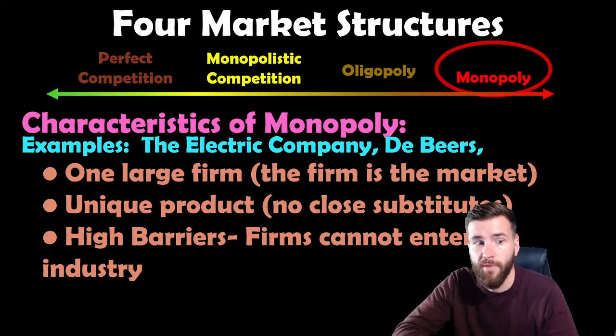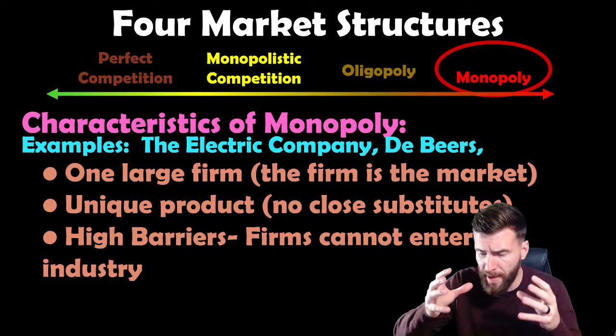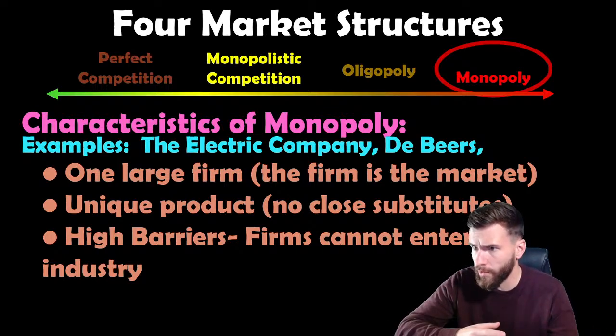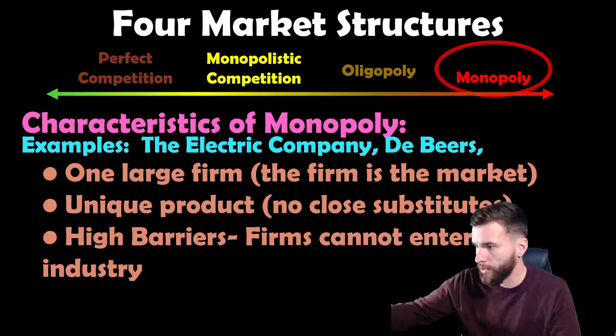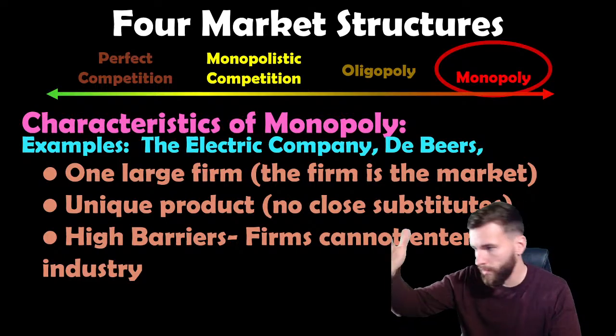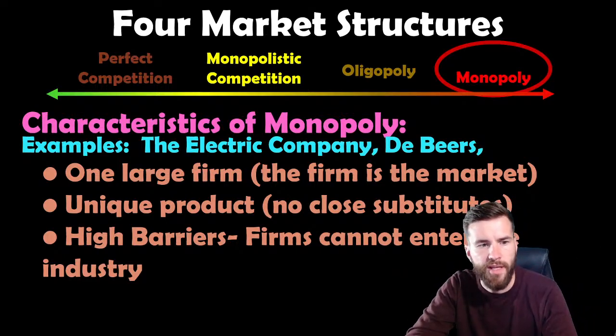You're going to have to answer questions where the patent expires. There's a monopoly and the patent expires. What's going to happen? Well, the barriers to entry are gone, so they're going to become more and more competitive because other firms are going to enter, replicate their product, and compete, thus lowering the price. More competition, not one firm producing, is the idea.